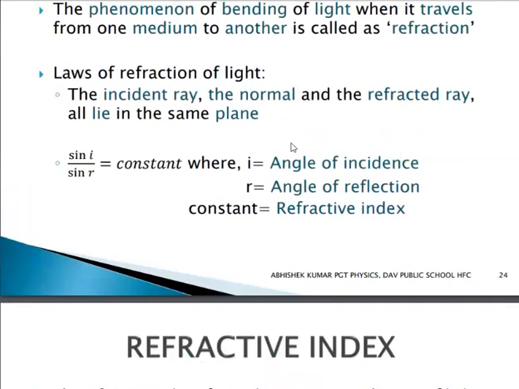The second law states that while light is traveling from one medium to another medium, then at the interface or boundary of the two media, the ratio of sine of angle of incidence to sine of angle of refraction is just equal to a constant, and this constant is nothing but the relative refractive index of the first medium relative to that of the second medium.